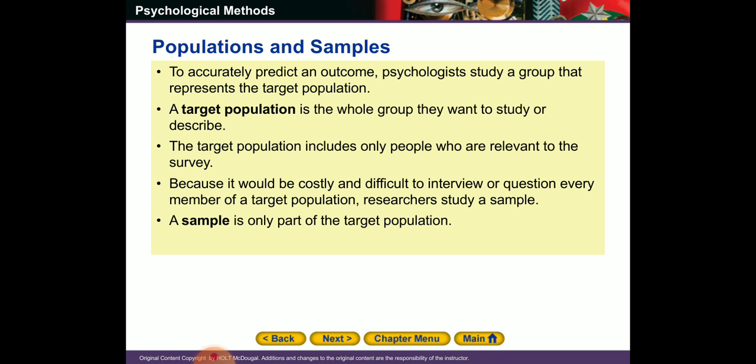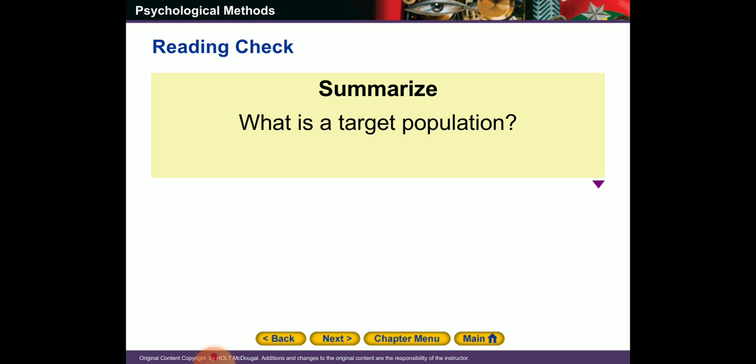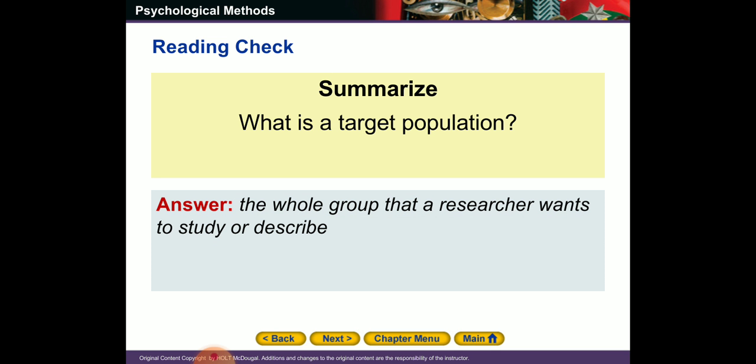So researchers study a sample. A sample means only part of the target population. From the target population, I'm going to choose a sample. So at this point, what's a target population? I have to remember it is the whole group that the researcher wants to study or describe.